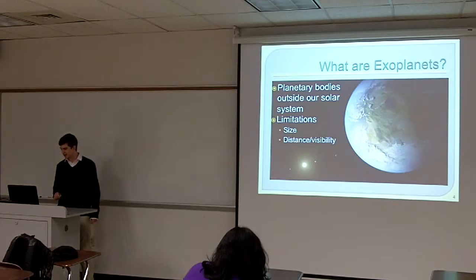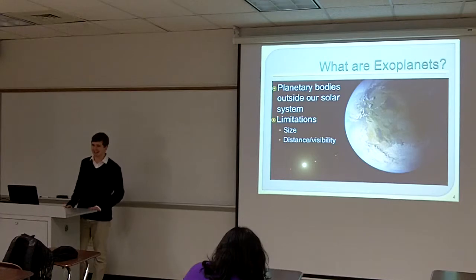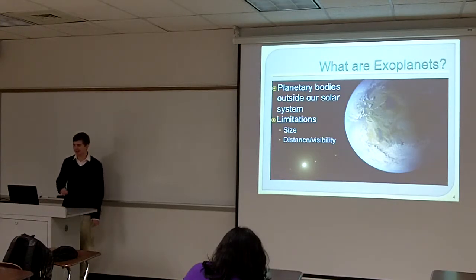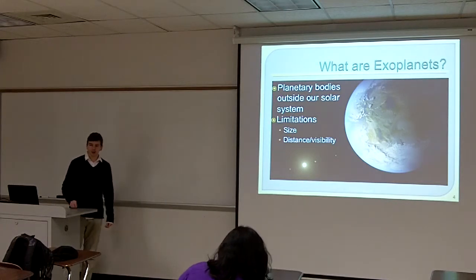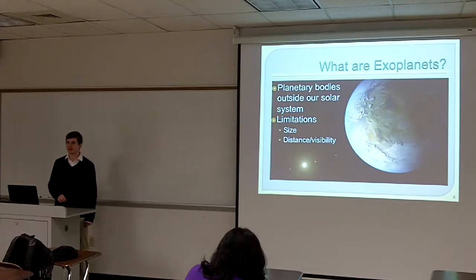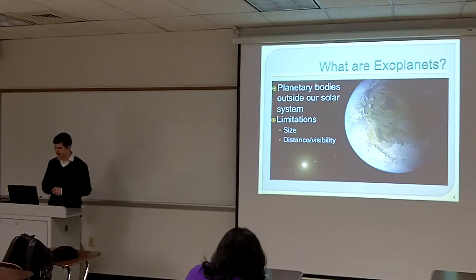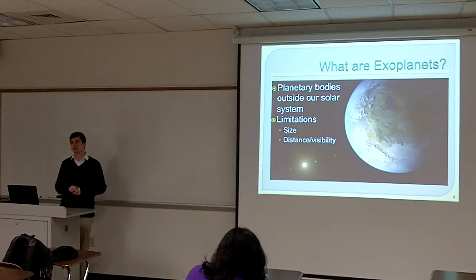Its name is GJ 1132b, if that means anything to any of you. But what I'm trying to talk about here is the fact that exoplanets are not only quite far away from us, but they're also very small in the grand scheme of other cosmological objects, which does pose a lot of problems in trying to detect them.